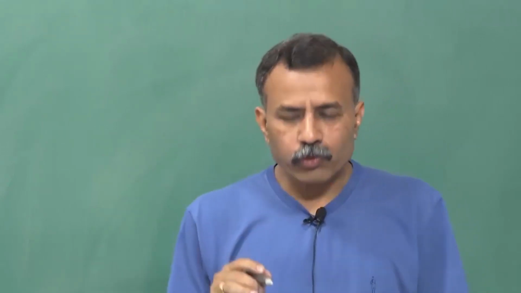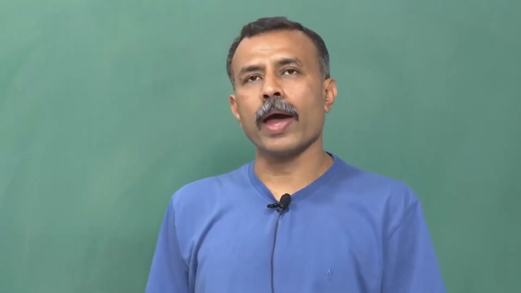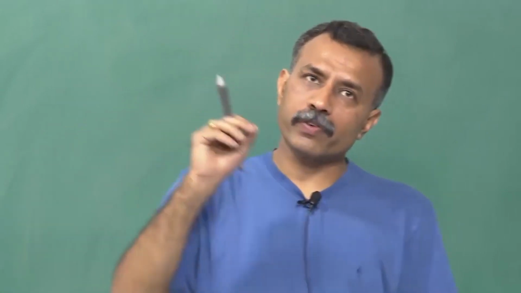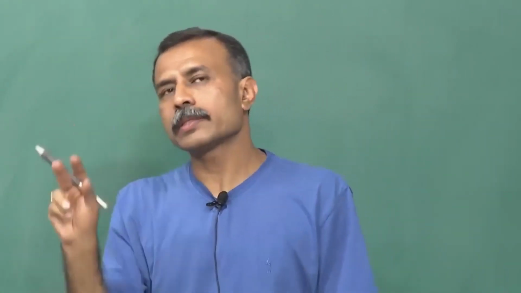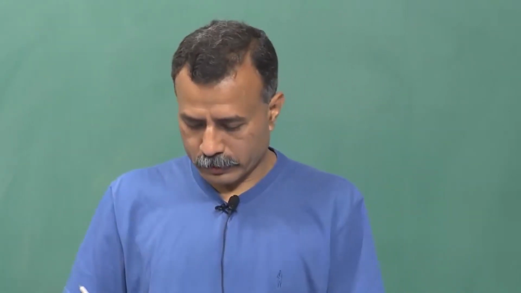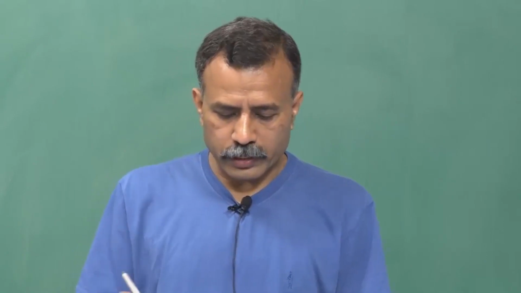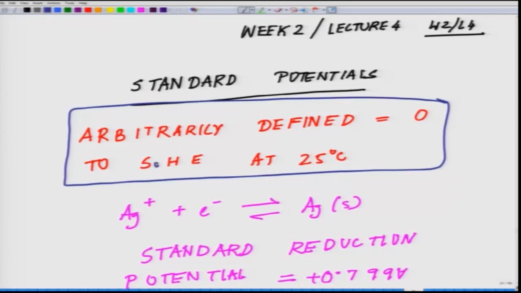So as we move forward, you will realize that there are different kinds of electrodes where people have used different references, but those references were calibrated with the standard hydrogen electrode. But the first one where all these assumptions came was the arbitrarily defined standard hydrogen electrode at 25 degrees centigrade as 0. So it has a potential 0 with respect to it.